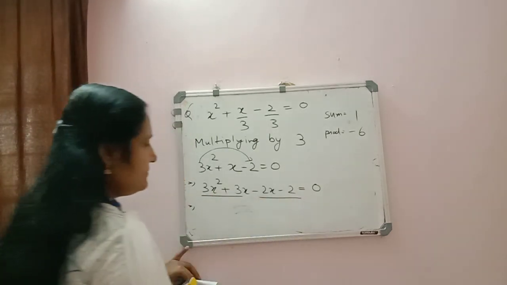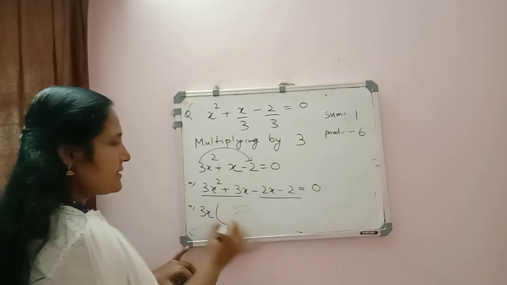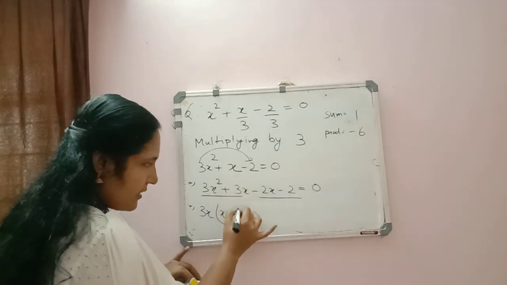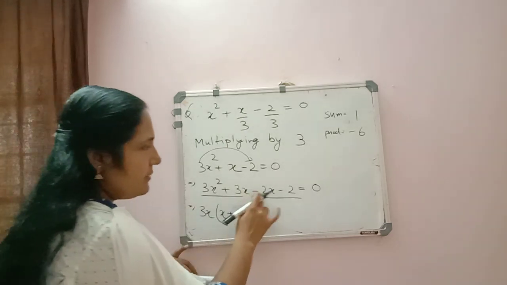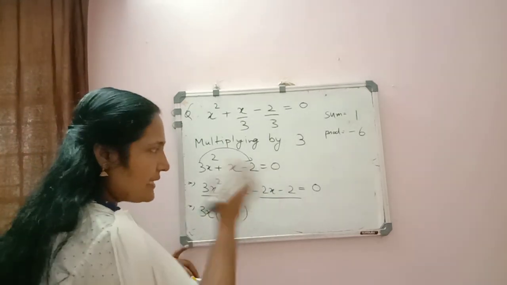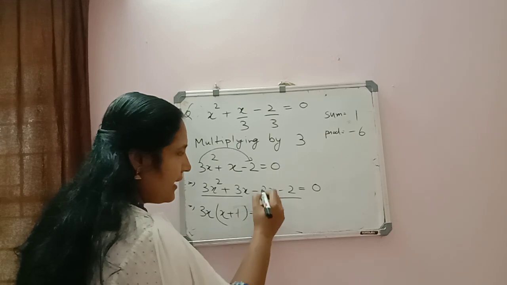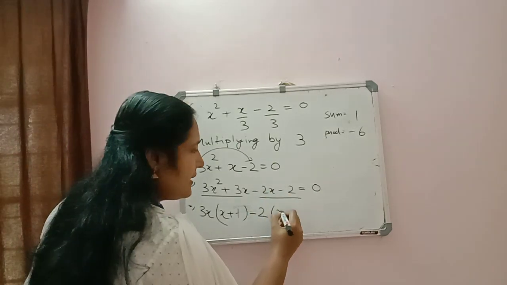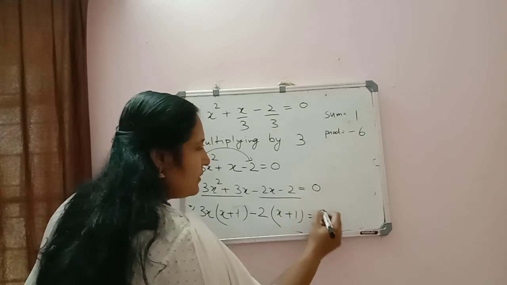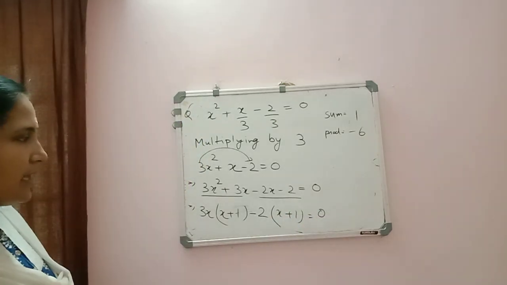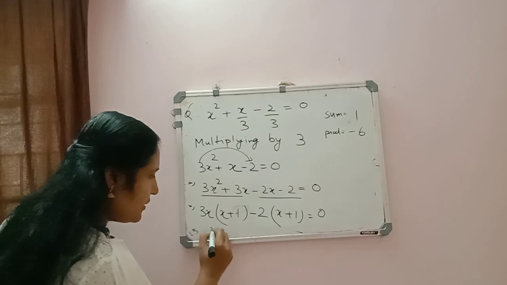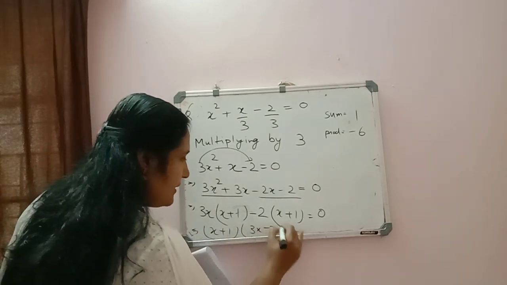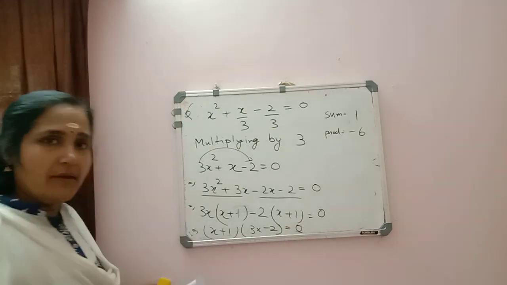Common factor 3x, inside the bracket x + 1. Here both are negative, so we take the negative sign also common. Minus 2 taken common, inside the bracket remaining is x + 1, equal to 0. Again we take x + 1 common, so it will be (x + 1)(3x - 2) = 0.